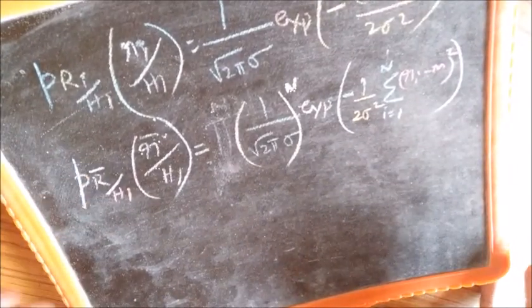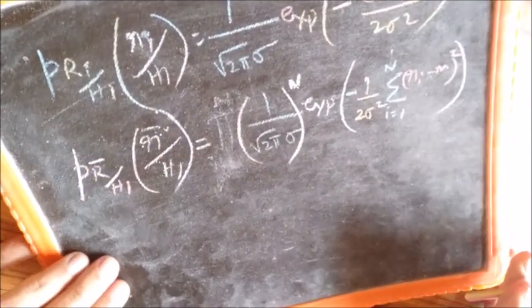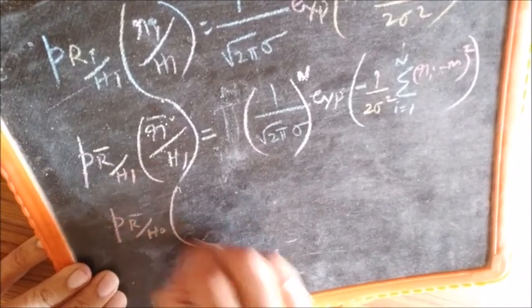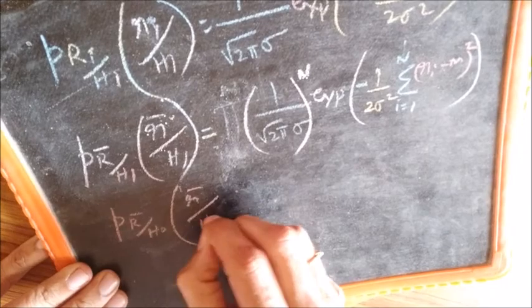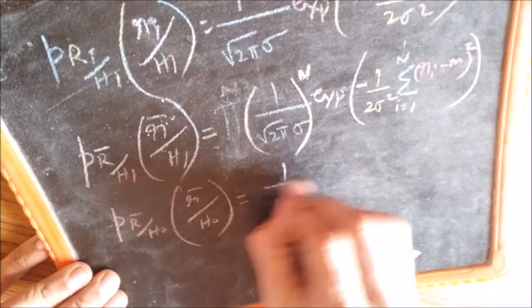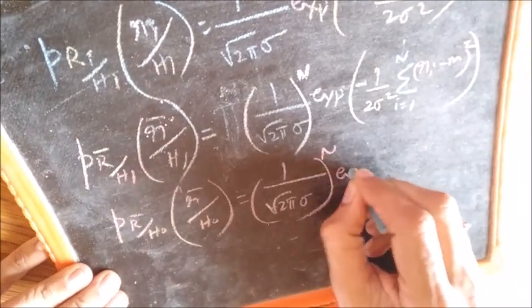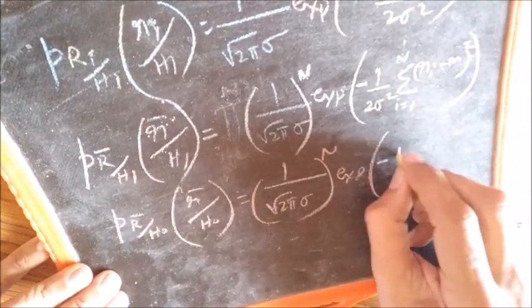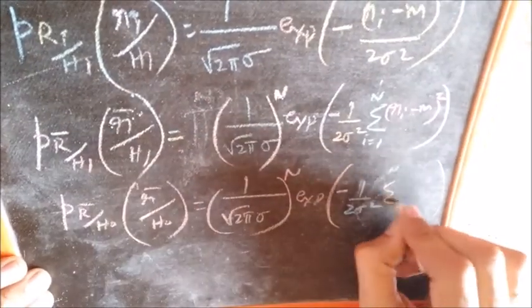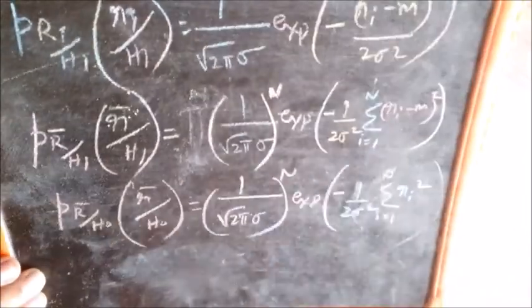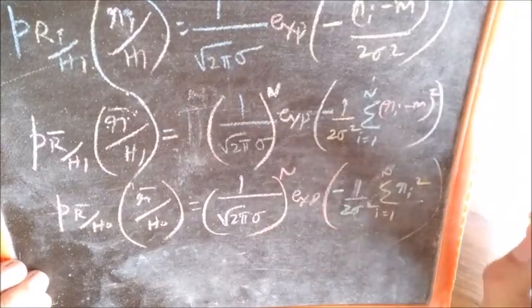And by virtue of the same argument, we can write the density under H0. Here the mean is 0, and hence we just have R_i square.